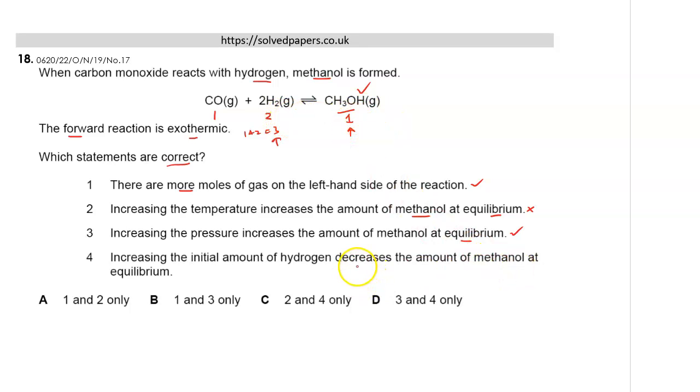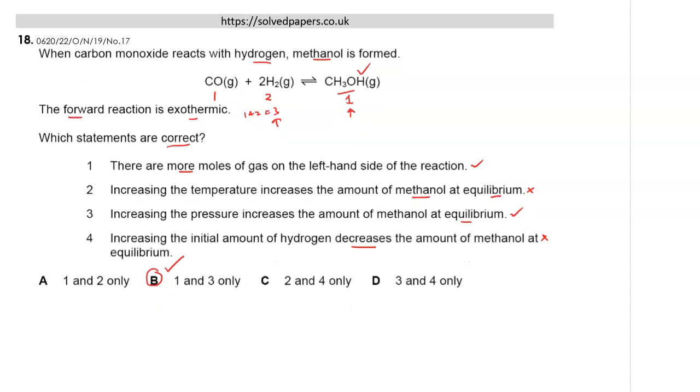So a decrease in the amount of methanol is not correct. Therefore, it's 1 and 3 which are correct, and that means B is the correct answer for this question. That's right.